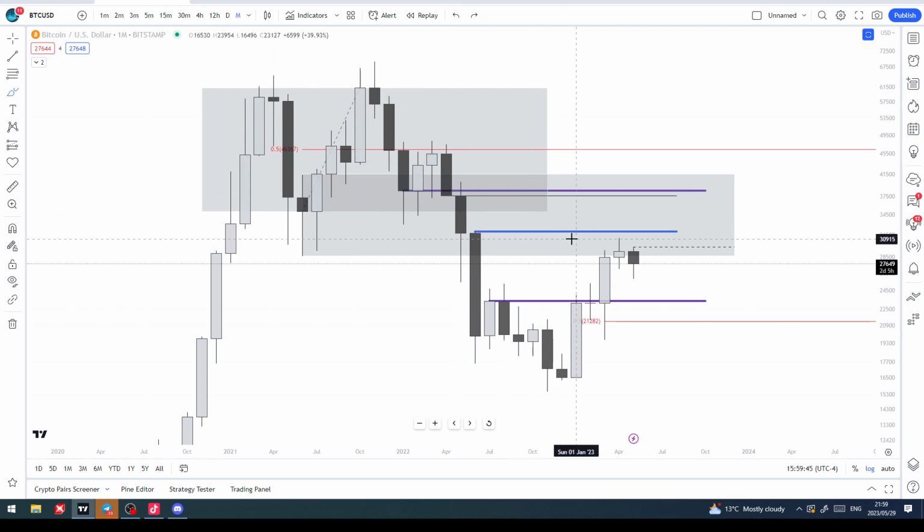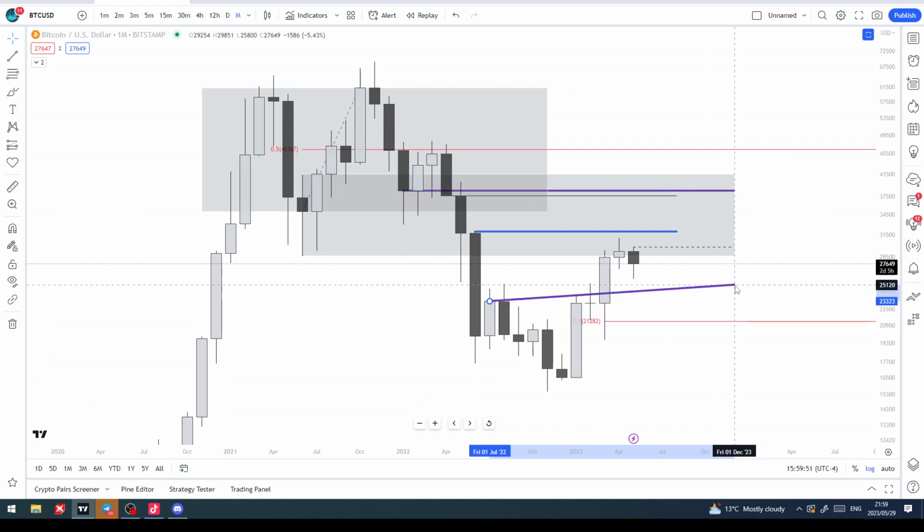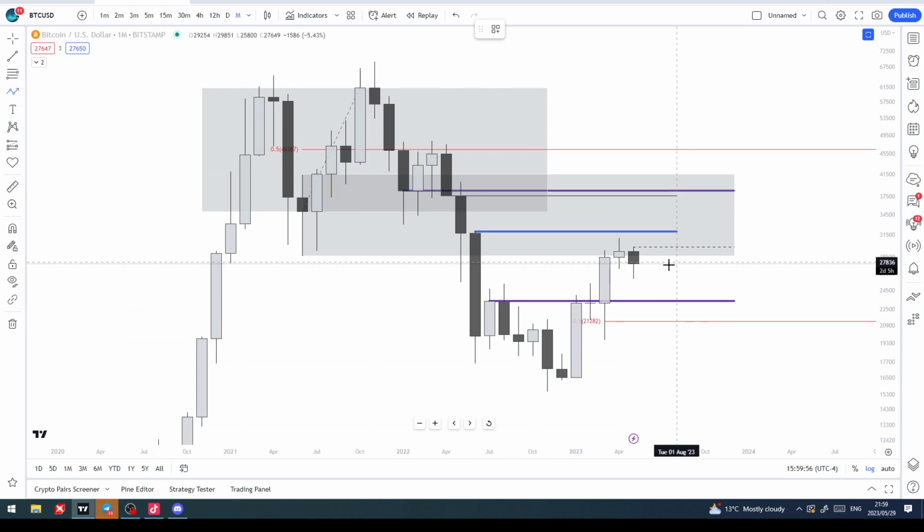Coupled with the fact that we want to make the range efficient here first. So your path would be next month's candle wicks up here, takes out last month's candle, the 30K.